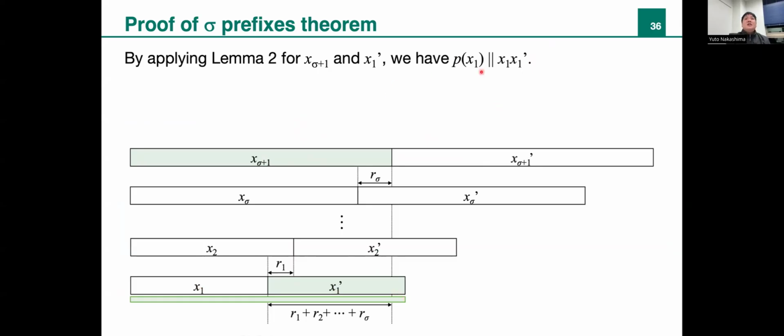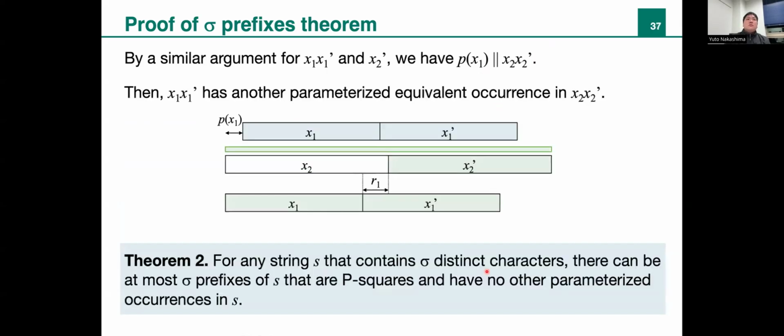So x1 prime has a parameterized period of x1. By a similar argument for x1 prime and x2 prime, they overlap with a sufficiently long overlap, so we apply lemma 2 here. Then we can get that this square, x2 prime, also has a parameterized period of P of x1.